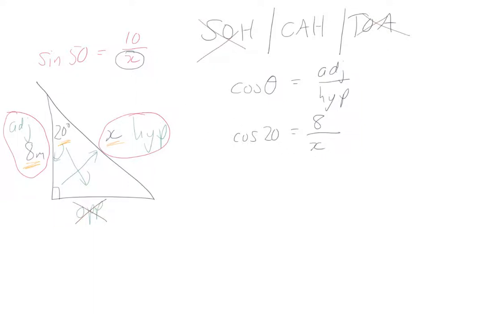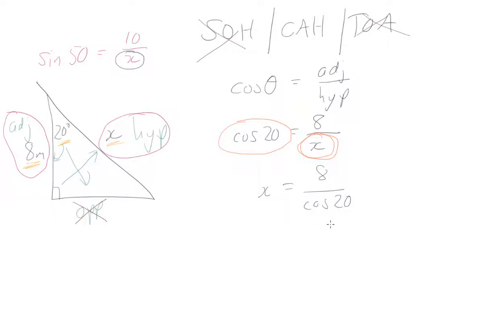So now we need to work out what we're going to do with this. The shortened version of it, I mean the kind of skipping a few steps method, is just to switch the x here and the cos 20 here. So my next line of working will be that x, because these two are switched, equals 8 on cos 20.